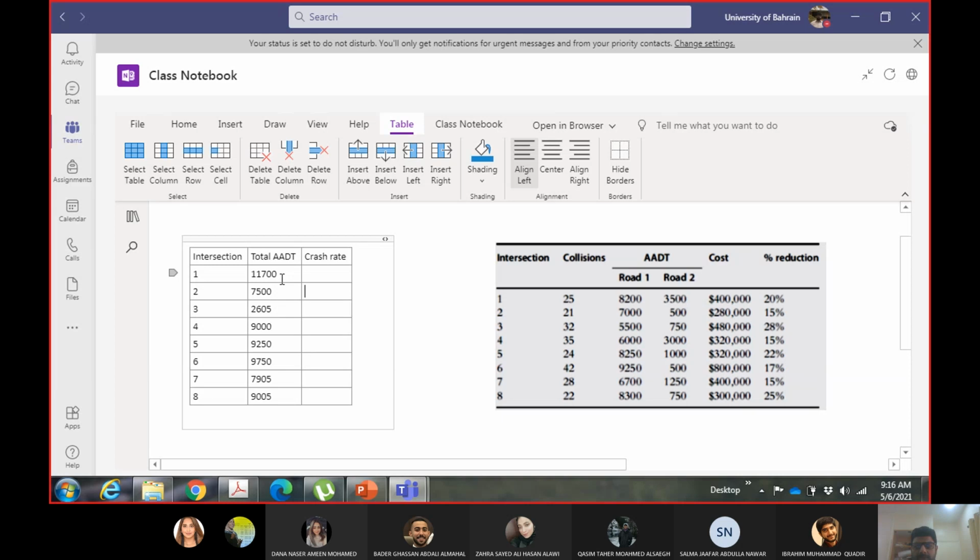You can check these numbers if they are correct or not. Okay, I think they are correct.